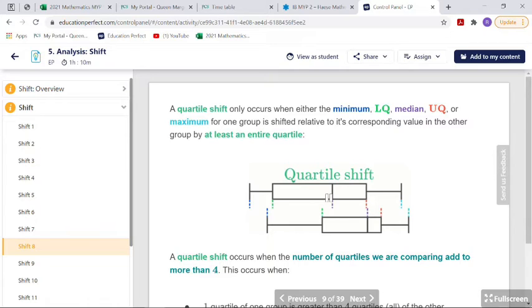So you've got to make sure that one of them is further than the other in order to say that there is indeed a quartile shift. Okay? So do you see? All right, there it is. This quartile is overlapping this quartile, right? So that's not a shift. You need a full shift.